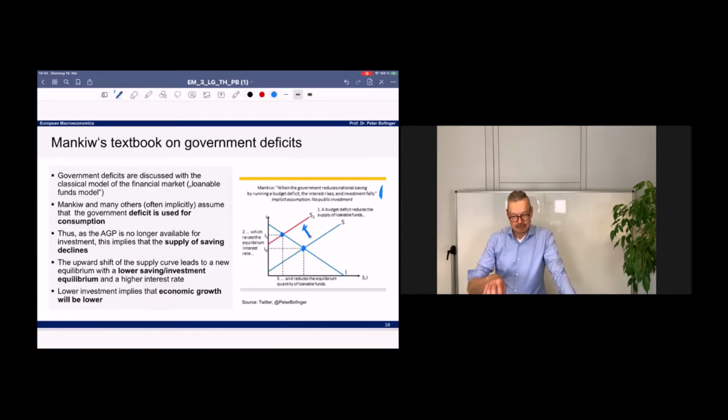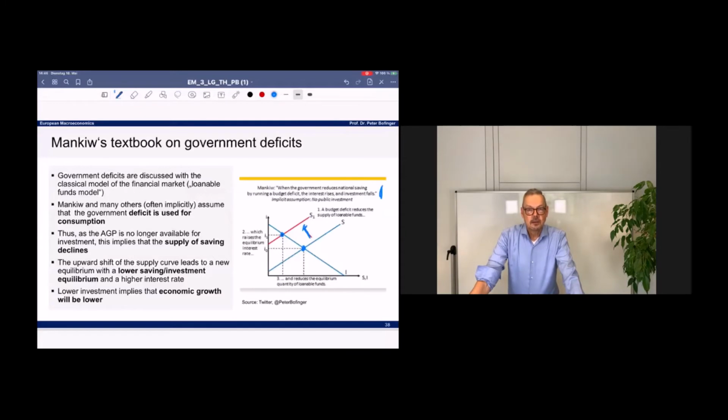But the Stability and Growth Pact is not as binding as the German constitution. But nevertheless, it's the same ideas, and the Stability and Growth Pact was created in 1996 on the initiative of the German government, because when the creation of the European Monetary Union came nearer, Germans were very much afraid of unsound fiscal policies, especially in Southern Europe.